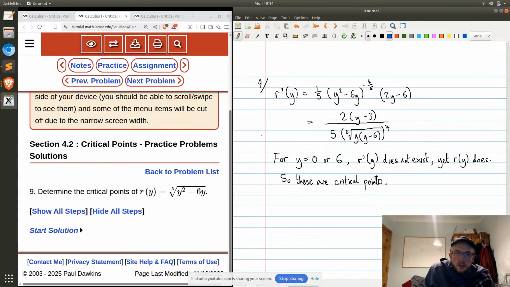Right, that's my first thing to say. My next thing to say is that when r prime of y is equal to 0, okay, well, that would be at 3.